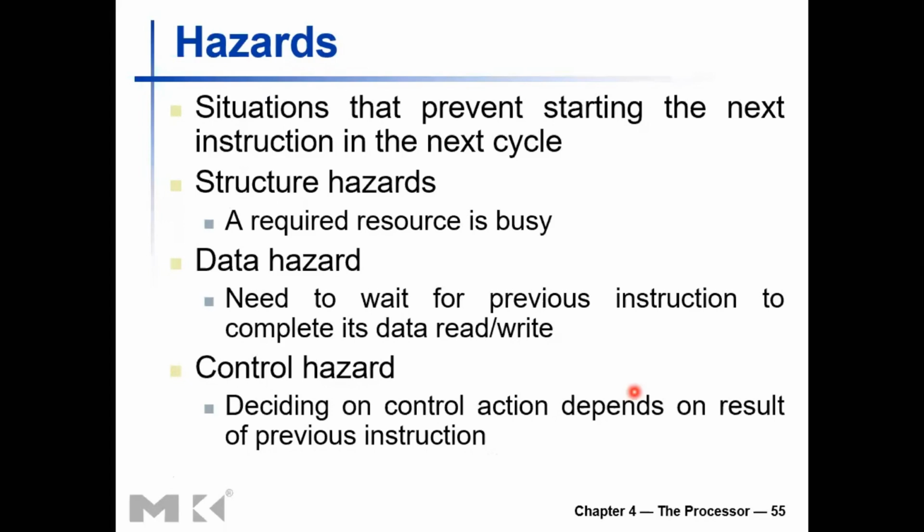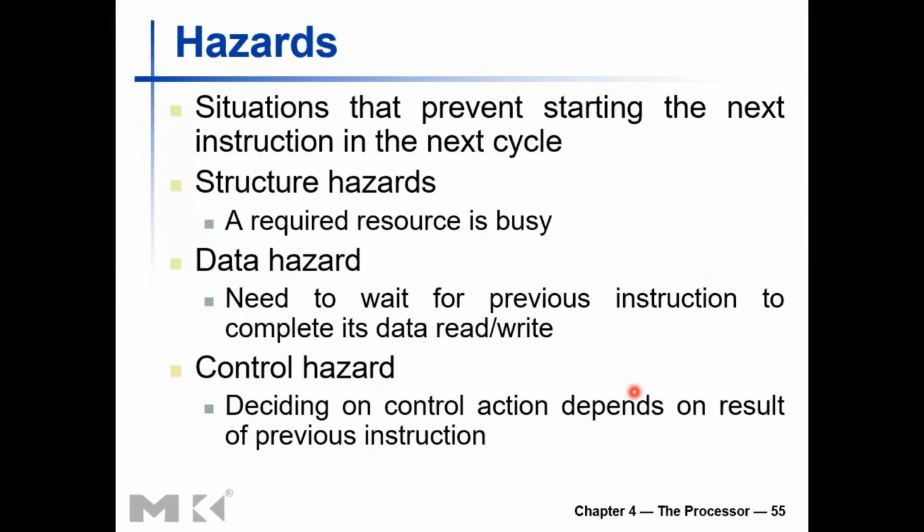A structure hazard is where a required resource is busy, a piece of hardware is being used by a different stage of execution, such as if you're using a single memory device for instructions as well as data, then fetching an instruction and reading data for a previous instruction has to be done at the same time, and that creates a hazard. Right? That creates 2 different stages, instructions trying to use the same hardware at the same time, which is a hazard, and that is called a structure hazard.